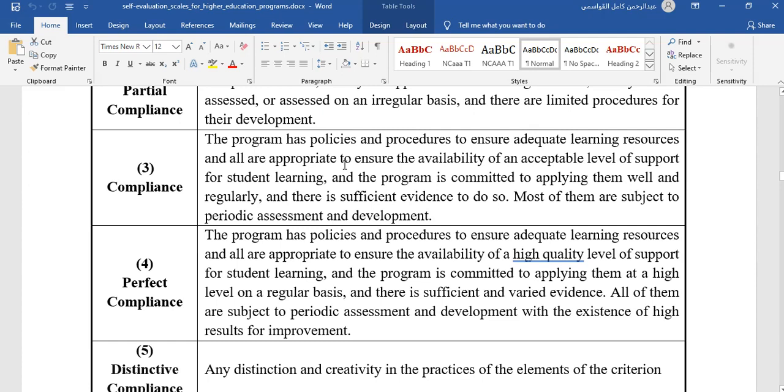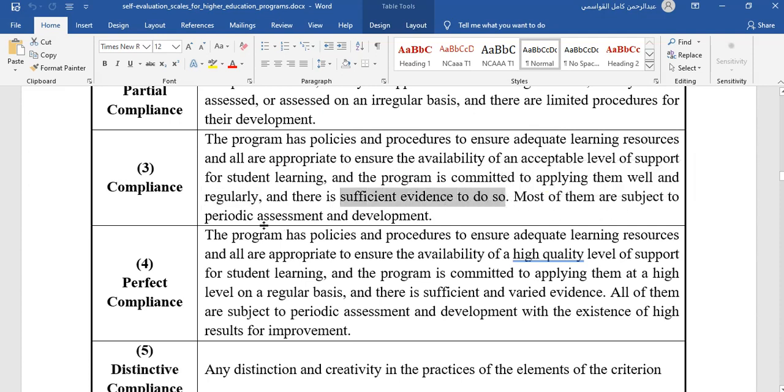The program has policies and procedures to ensure adequate learning resources, and all are appropriate to ensure the availability of an acceptable level of support for students' learning, and the program is committed to applying them. I have applying them well and in a regular manner, and there is sufficient evidence to do so.